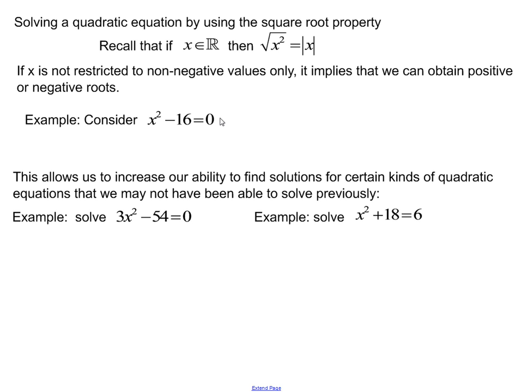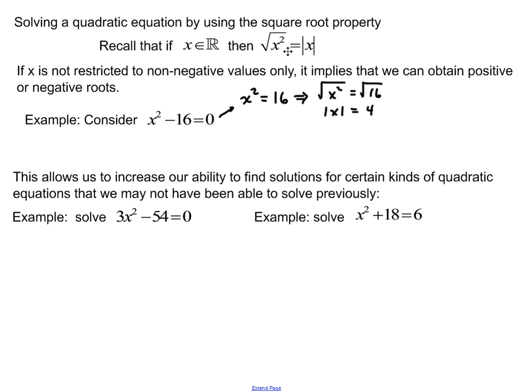The way it works is that if we isolate x squared on the left-hand side by setting it equal to 16, then when we take the square root on both sides to isolate x, the square root of x squared equals the square root of 16. It's like we're saying from above the absolute value of x is equal to the square root of 16, which is 4.